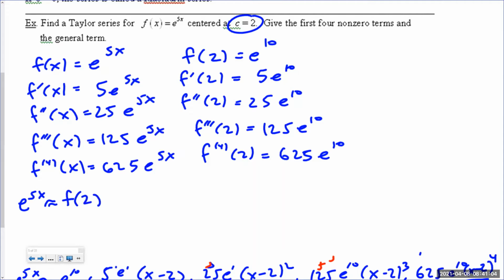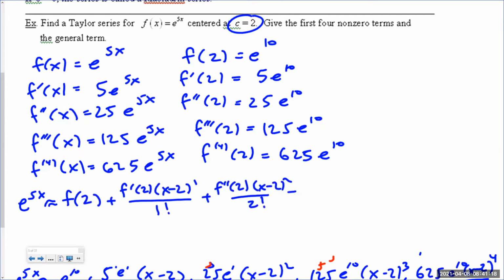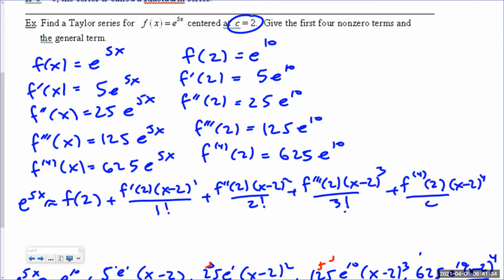That's my center, plus f prime of 2, x minus 2 raised to the first power over 1 factorial, plus f double prime of 2, x minus 2 squared over 2 factorial, plus f triple prime of 2, x minus 2 raised to the third over 3 factorial, plus the fourth derivative of f of 2, x minus 2 raised to the 4 over 4 factorial plus dot dot dot.